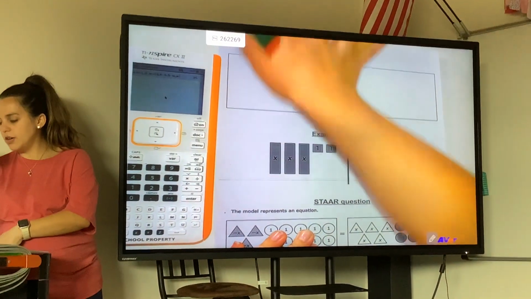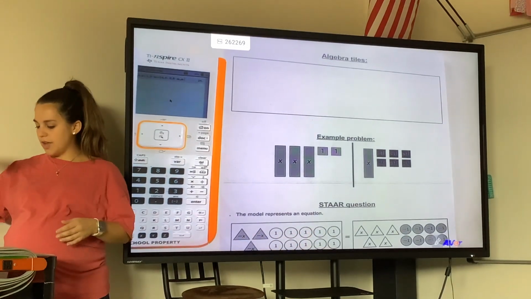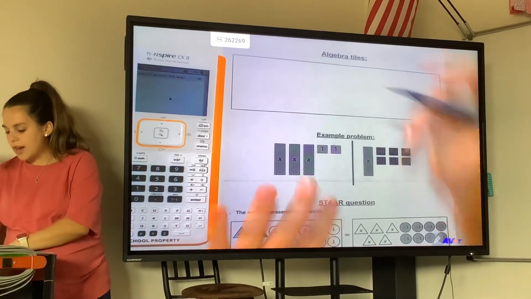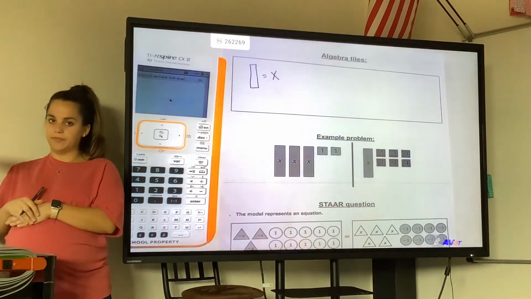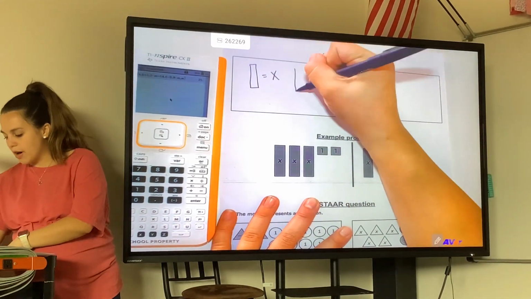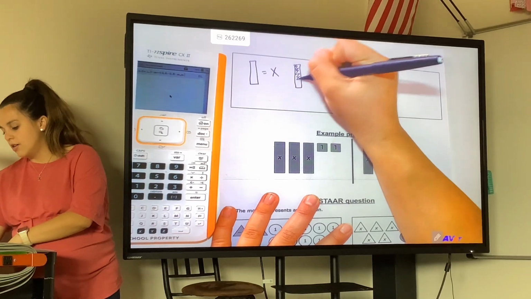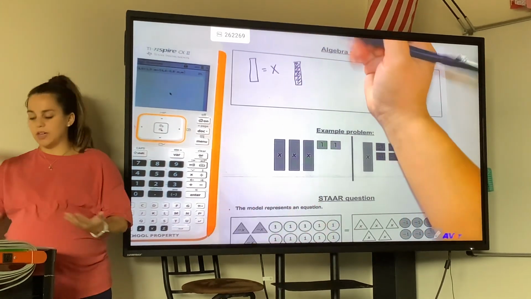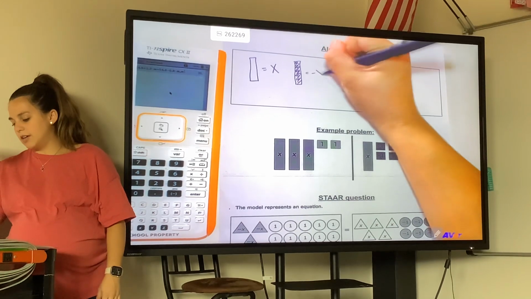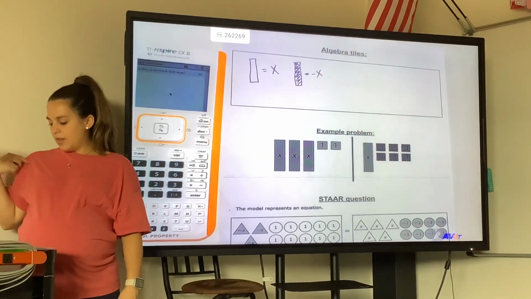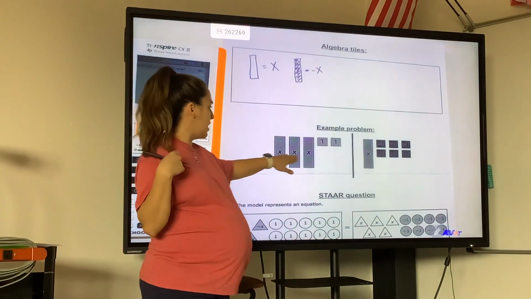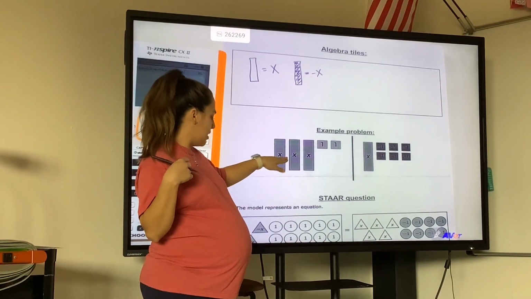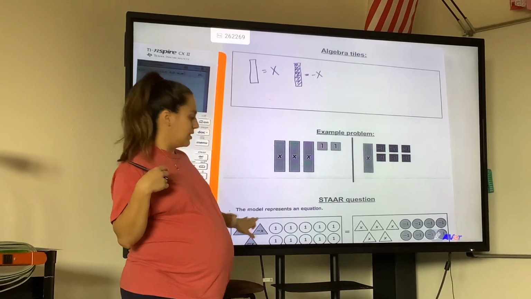So what you're going to draw on this little area right here is the fact that the bars are the X's. If you ever see a bar that is shaded in or gray or usually a different color, it is a negative X. Luckily for you, they tell you most of the time if it's going to be positive or negative. Like these down here went ahead and said positive, but these down here went ahead and said negative.